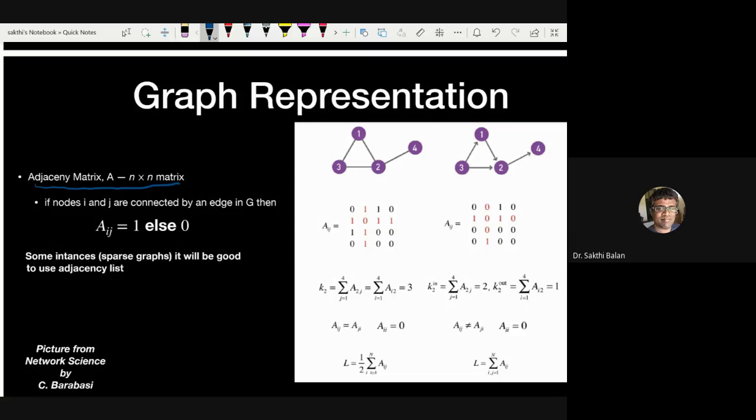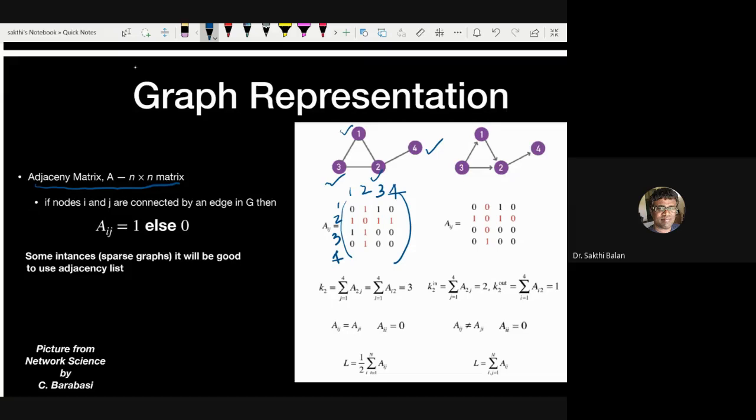So suppose you have 4 nodes. Here is the graph. You have 4 nodes, 1, 2, 3, and 4, and edges are also given over there. Suppose you want to represent this graph, I can represent it using Aij, where these are the nodes 1, 2, 3, and 4 along both rows and columns.